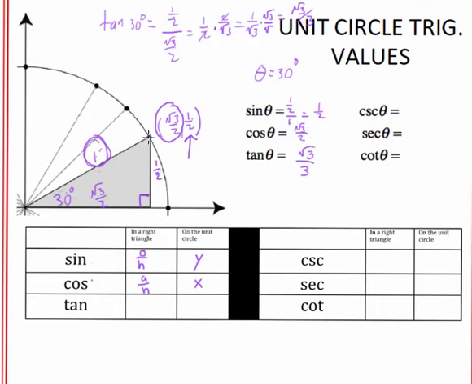Okay, tangent though is opposite over adjacent. Since we didn't use the hypotenuse on this one, we can't whittle that down to anything nicer like we did with the sine and the cosine, but it's still just opposite over adjacent. Now the opposite side is the y, the adjacent side is the x, so it's just going to be y over x.